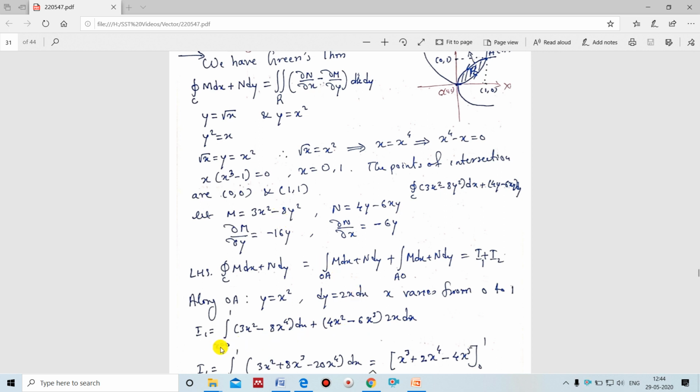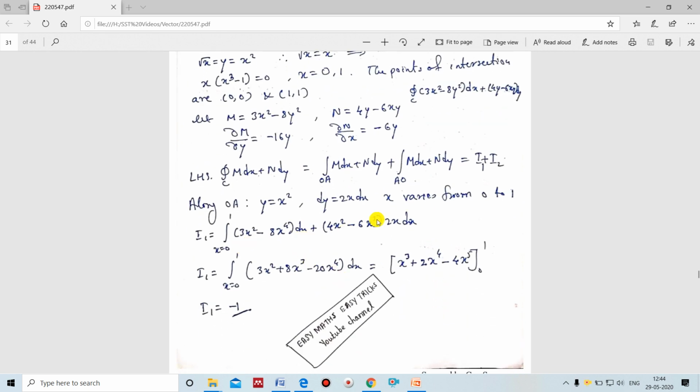We get I1 is equal to the integration from x equal to 0 to 1 of (3x square minus 8x raised to 4) dx plus (4x square minus 6x cube) into 2x dx. On simplifying, we get the integration from x equal to 0 to 1 of (3x square plus 8x cube minus 20 x raised to 4) dx.